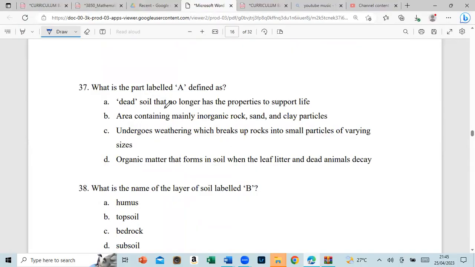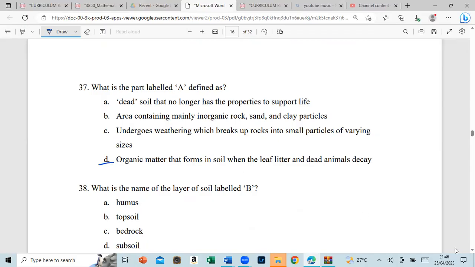A, dead soil that no longer has the properties to support life. B, area containing mainly inorganics, rock, sand, clay particles. C, undergoes weathering, which breaks rocks into small particles of varying sizes. Or D, organic matter that forms in soil when leaf litter and dead animals decay. So for that one, it would have been D.